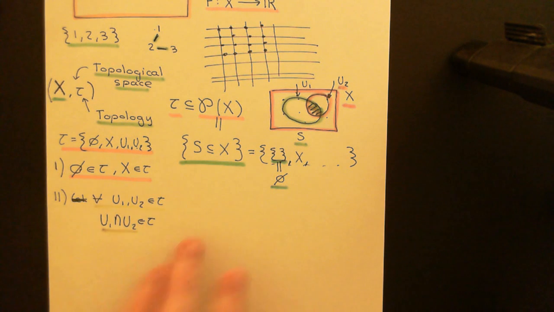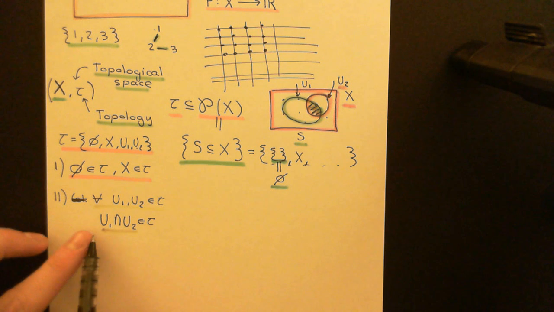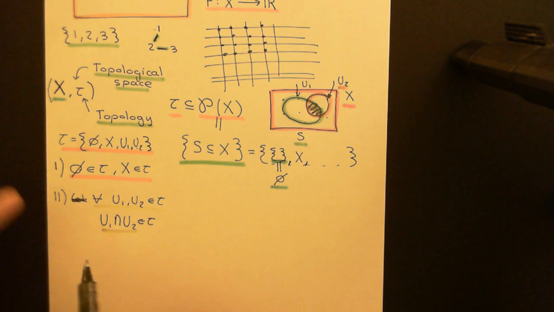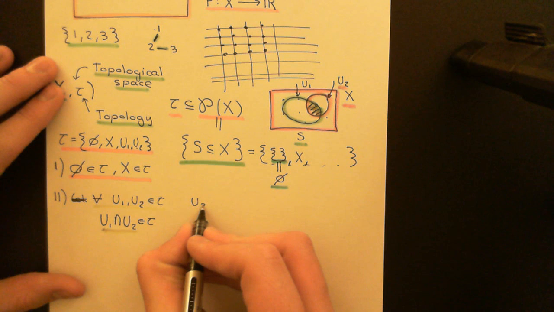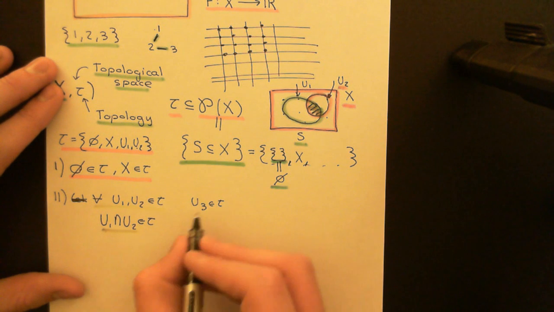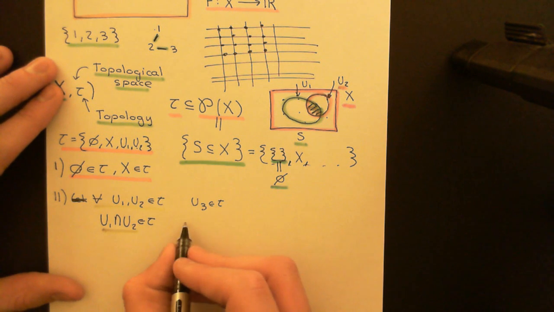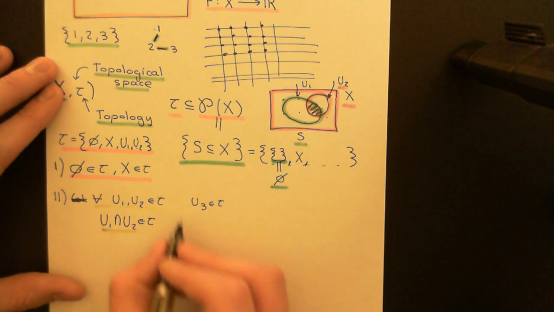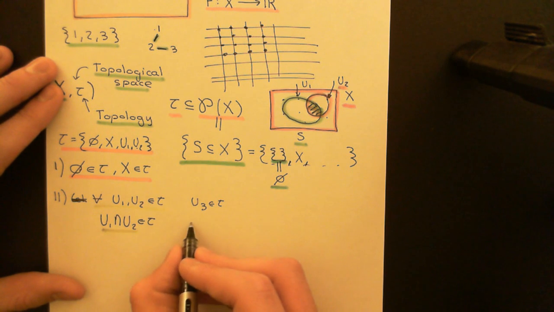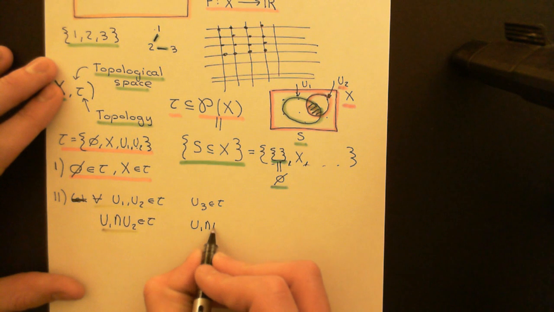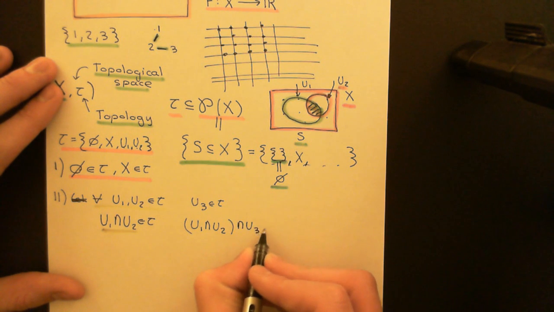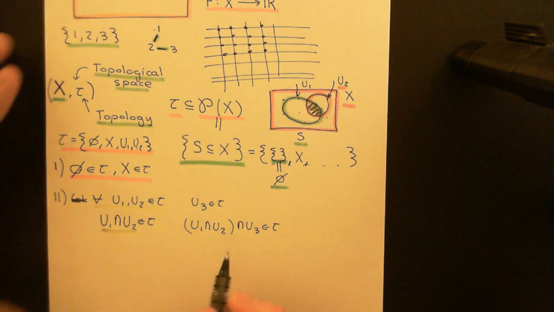Now, of course, this very quickly extends, because if U1 intersect U2 has to be an element of tau, then I can pick another U3, which is an element of tau, and say: U1 intersect U2 is an element of tau, U3 is an element of tau, therefore, applying this property now to U1 intersect U2 and U3, I get that U1 intersect U2 intersect U3 also has to be an element of tau. Do you understand what I've done there?